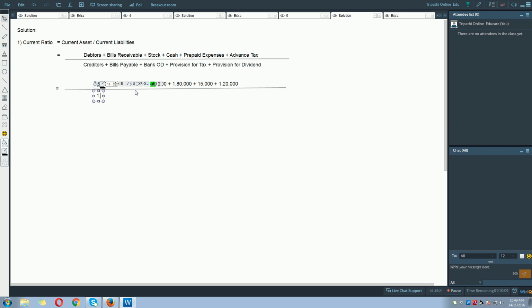Then in current liability we can take creditors, bills payable, bank OD, provision for tax, provision for dividend. So this many items we can take as current liability.